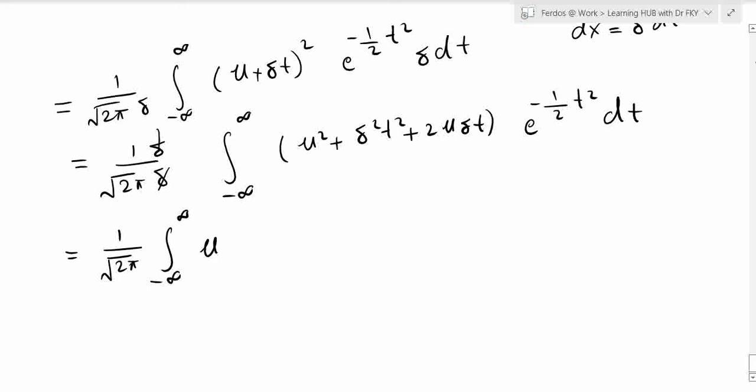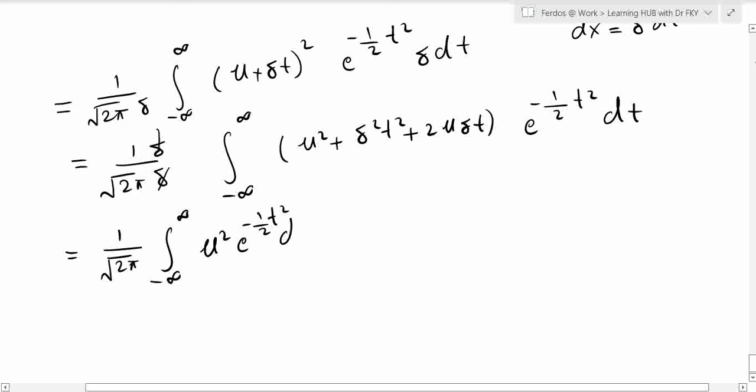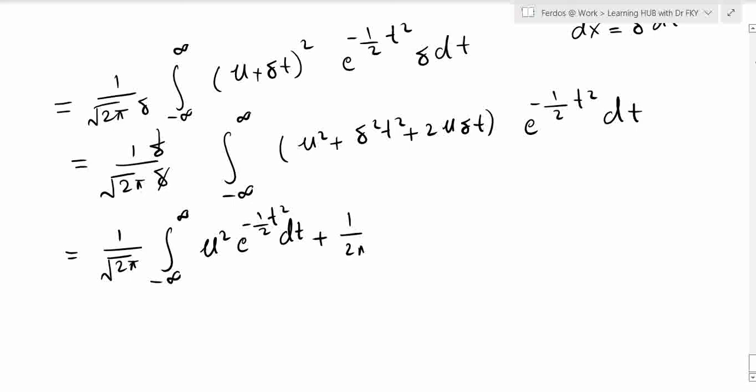So write with these three: e power minus 1 divided by 2 t square dt, plus 1 divided by root 2 pi sigma square t square e power minus 1 divided by 2 t square dt.